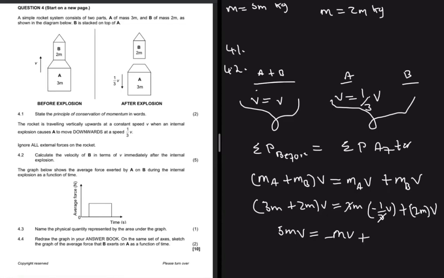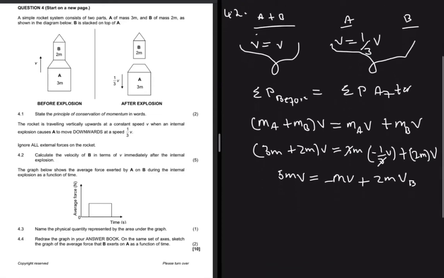And then plus 2m v. Let's denote this as v of B so that we don't confuse our variable v with the v of B we're trying to determine.